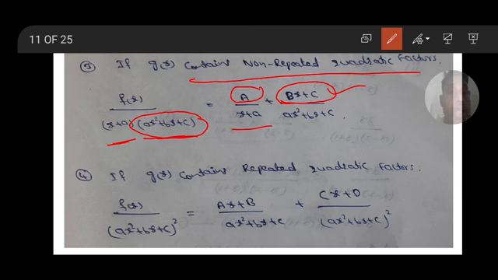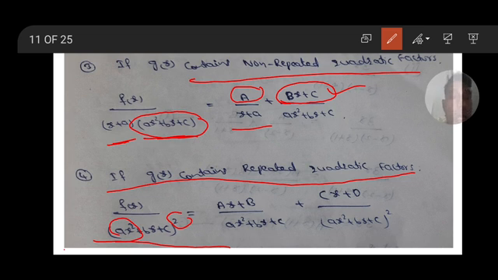And next, the fourth case, if g of x contains repeated quadratic factors, that is f of x by ax square plus bx plus c whole square. It is a quadratic factor repeating 2 times, that can be expressed as ax plus b by ax square plus bx plus c plus cx plus d by ax square plus bx plus c whole square.